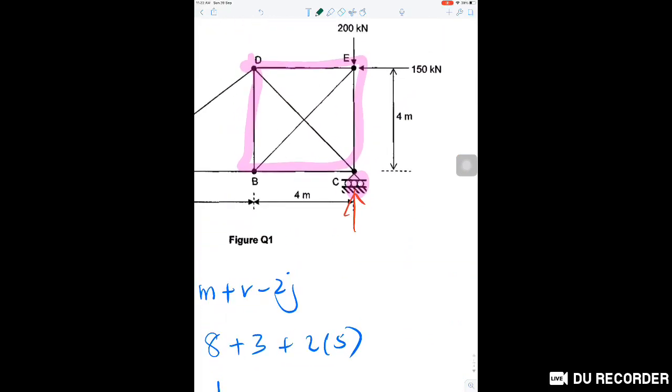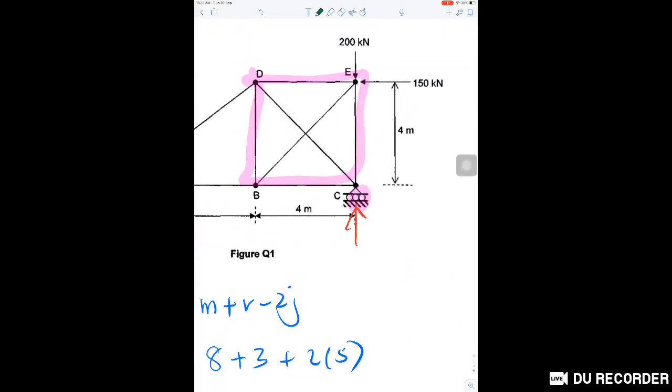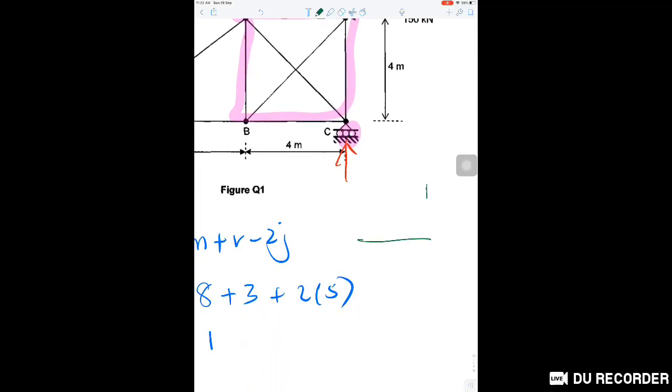And by using trigonometry, okay, we found that this is the triangle. The vertical length and the horizontal length is the same, 4 meter, 4 meter. Means the ratio is 1 to 1. Okay, if like this, 4 square plus 4 square square root, so it is 5.657 meter.